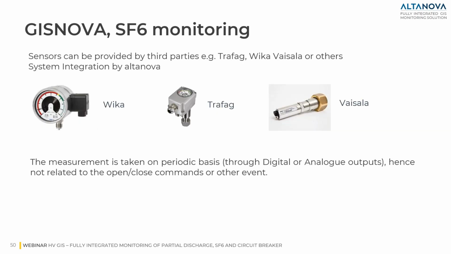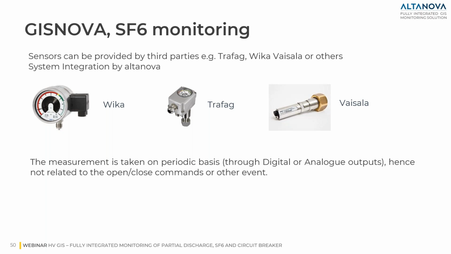We can have several types of system. This is an example with some sensor provided by Vaisala, and we normally are in charge of the system integration of this kind of sensor. It can be analog or digital sensor.